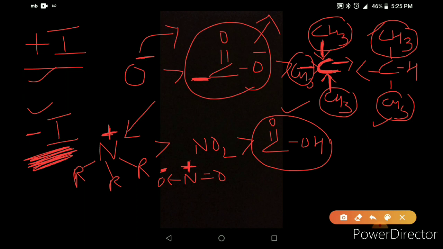So NR3 plus is more minus I than neutral NO2, more minus I than COOH, and more minus I than fluorine, then chlorine, bromine and iodine. So NR3 plus more than nitro, more than COOH, more than fluorine, more than chlorine, more than bromine, and more than iodine.